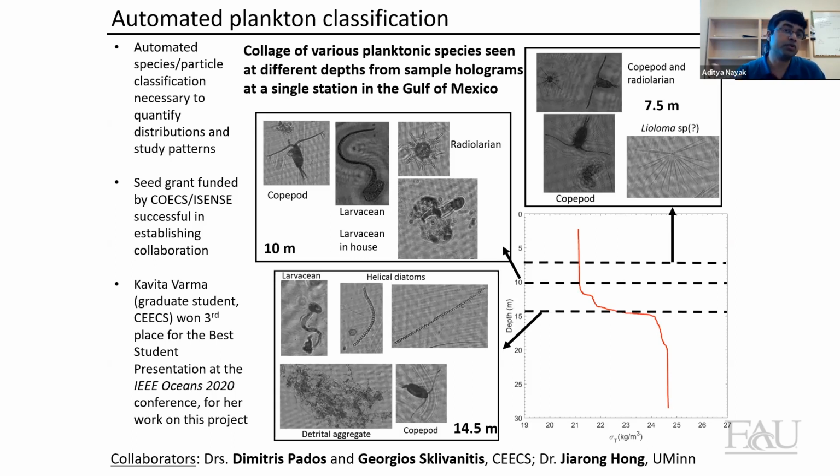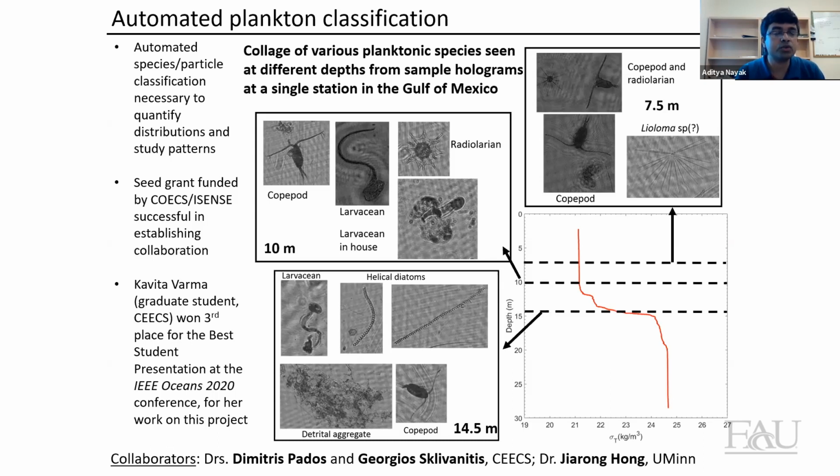Now you're doing this at multiple stations across different oceans. We have data from the Gulf of Mexico, Lake Erie, Atlantic Ocean, Pacific Northwest, so we have millions and millions of holograms. We have barely scratched the surface of looking at some of the data here. The question is, you have this vast data set, so can you use automated classification means to go through this?